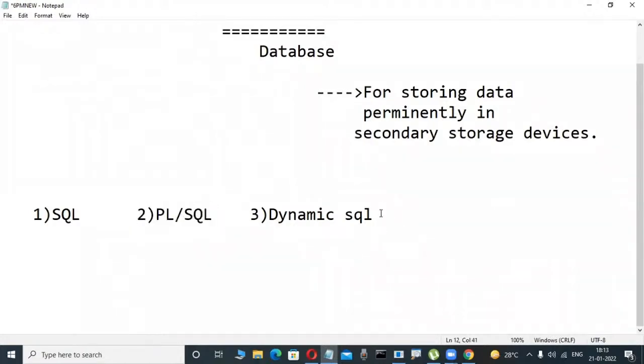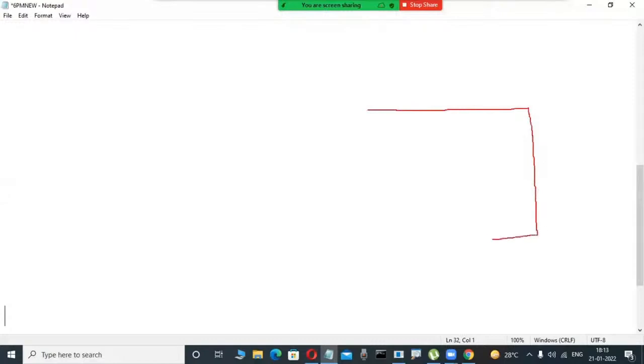For example, you are a first-time newcomer, so to understand, concentrate here. Why PL/SQL is required, just for idea purposes, I'm telling some applications. Slowly observe here. Daily, so many people go to banks for depositing or withdrawing money.